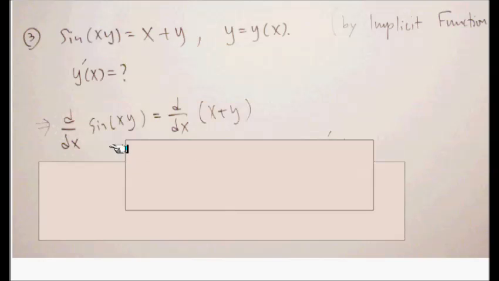As you all remember, this is the simple chain rule. First of all, this was a Cartesian equation before. Once you look at y as a function of x, this becomes a functional equation. So these two functions are equal to each other, so the derivatives must be equal to each other. When you differentiate with respect to x, you have to go through this y, and whenever you differentiate y, you have to carefully use the chain rule.